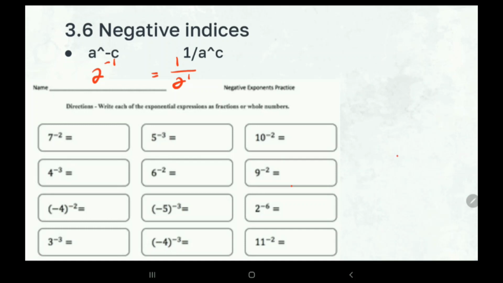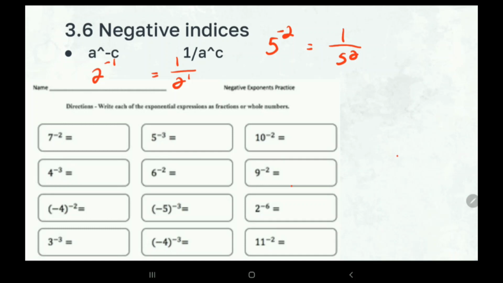If we have 5 to the power of negative 2, it will be the same as 1 over 5 squared. So remember that negative means 1 over something.